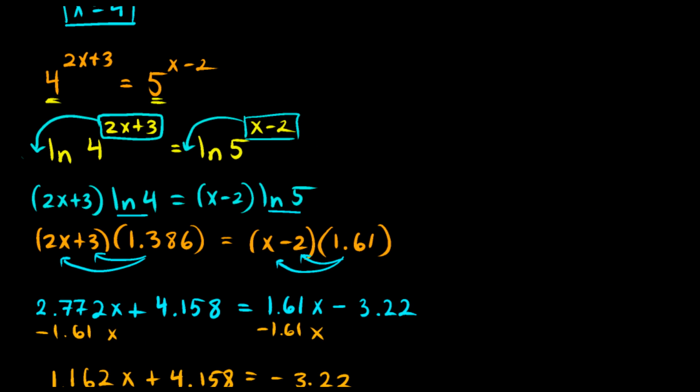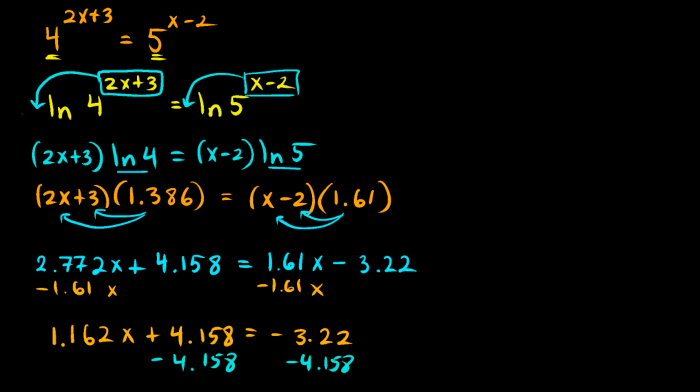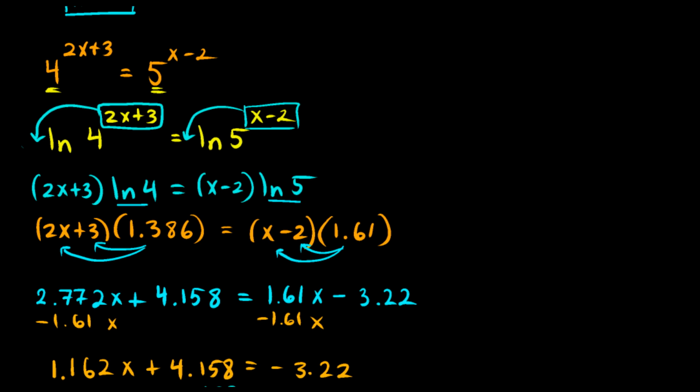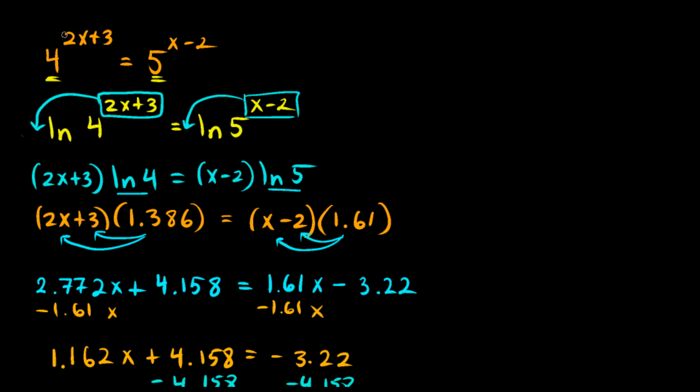So I go all the way back to the problem here, and if I plug in that negative 6.35 for x, I'm not going to run into any issues, because at worst it's going to create a negative exponent, and 4 to a negative exponent and 5 to a negative exponent is perfectly fine.